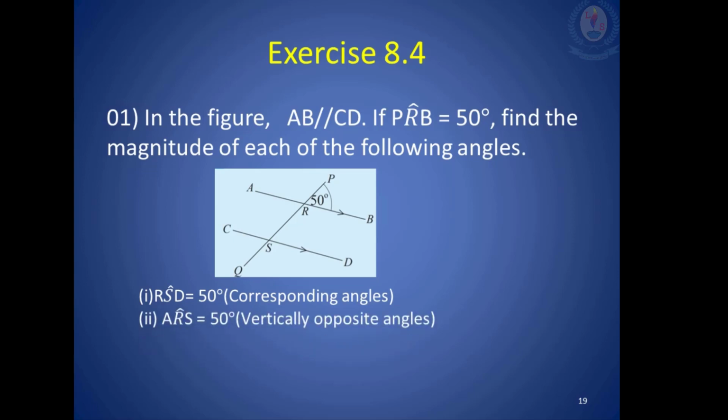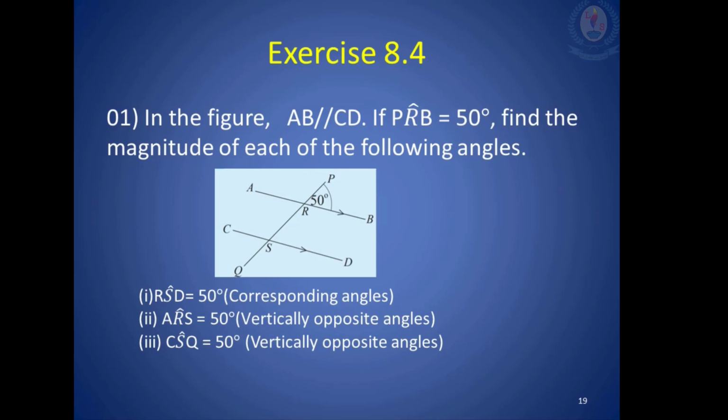Part 2. Angle ARS. We can see vertically opposite angles. Vertically opposite angles are equal. Then we can write angle ARS equals 50 degrees. Part 3. Angle CSQ.